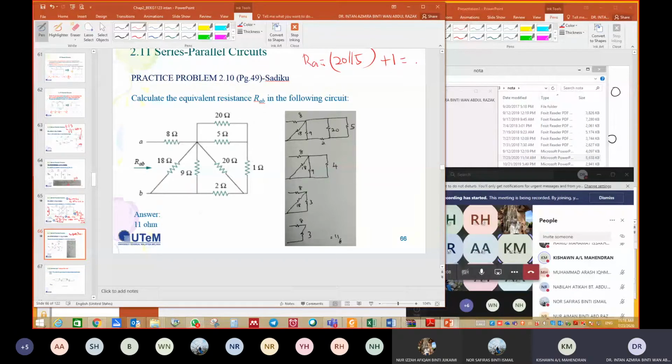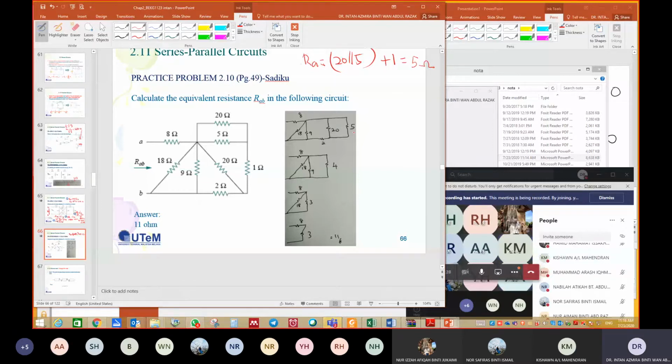Okay. Other student, please calculate. 5 ohm, okay. Asfar, right?